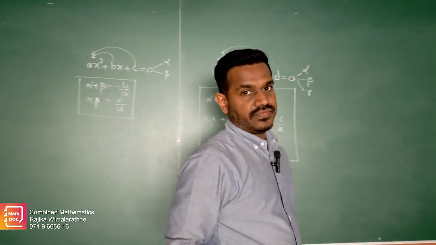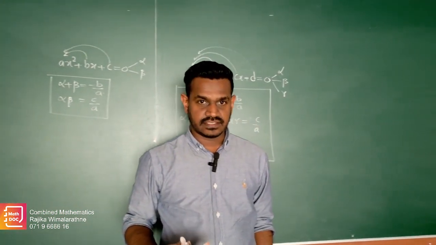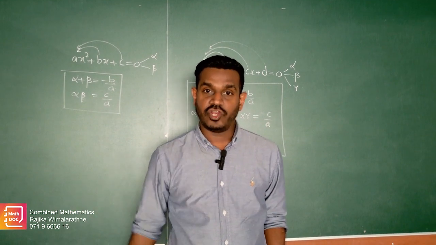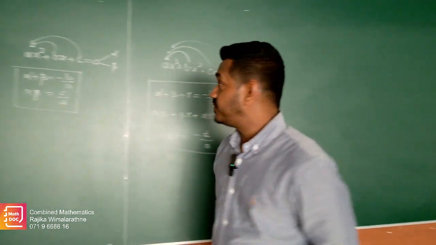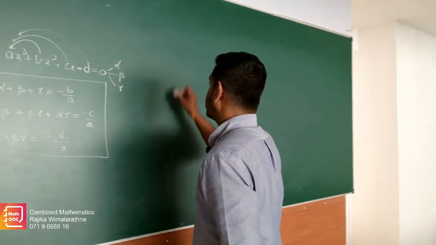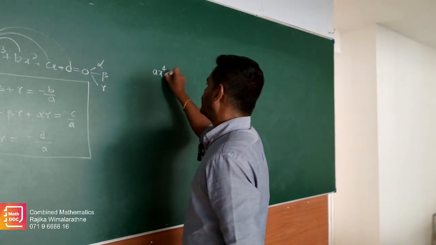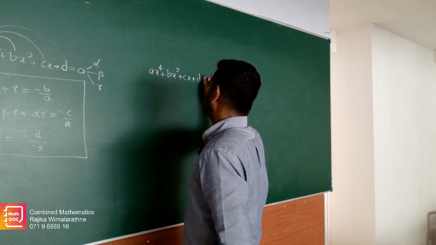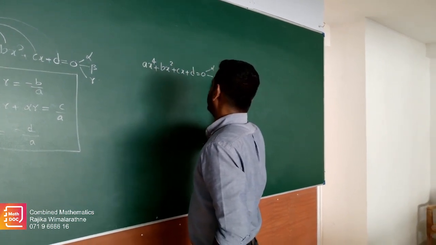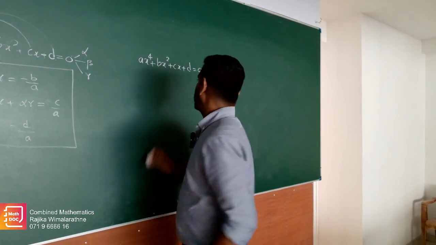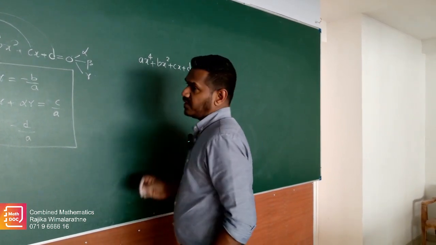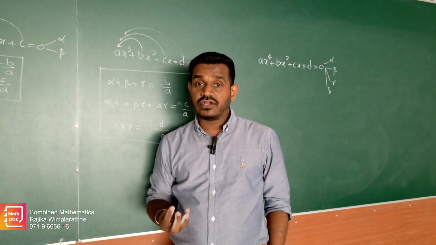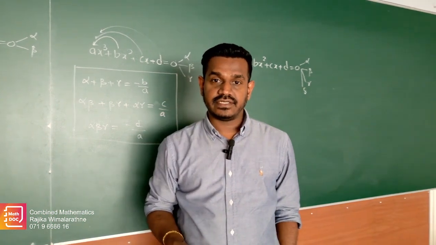Now similarly, this relation is also applicable to biquadratic equations and further polynomial types. Consider ax to the power 4 plus bx cubed plus cx squared plus dx plus e equals 0, with roots alpha, beta, gamma and delta. We have four solutions for a biquadratic equation.